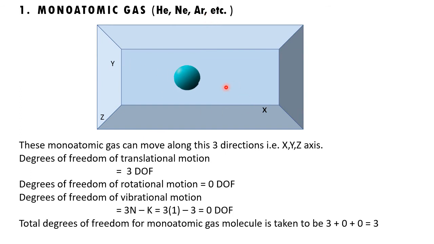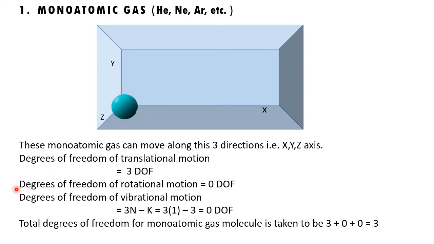This atom can move along the x, y and z axis, or anywhere in the middle between the xyz coordinates. So that's why the degree of freedom of translation motion is 3, because it can move along these three directions.